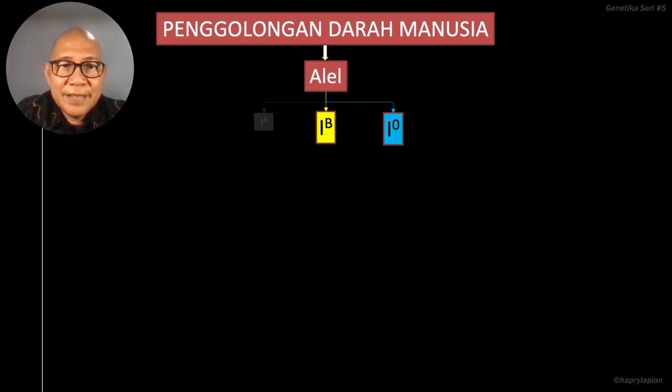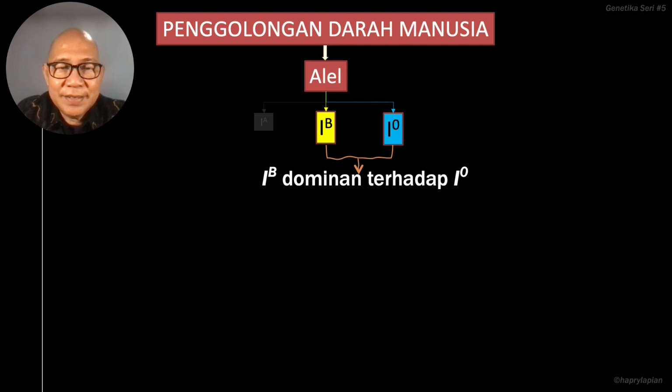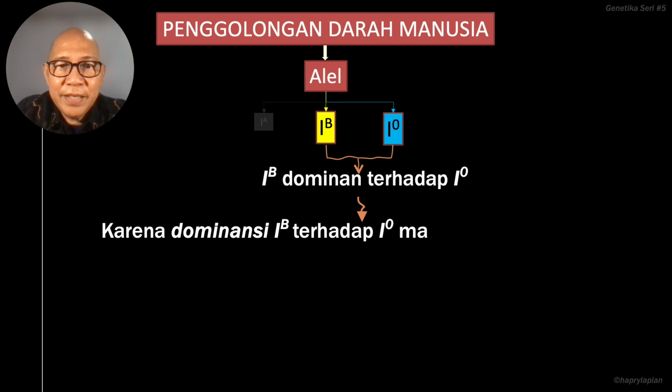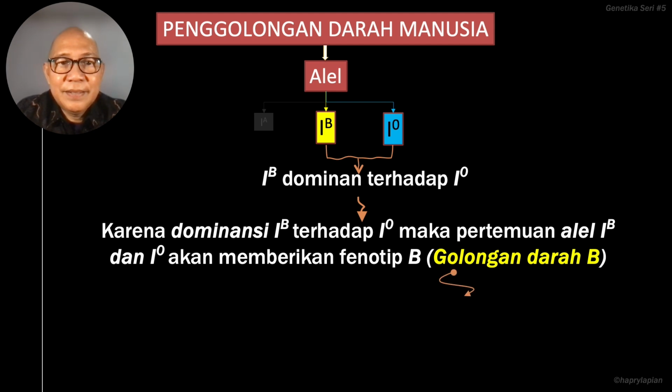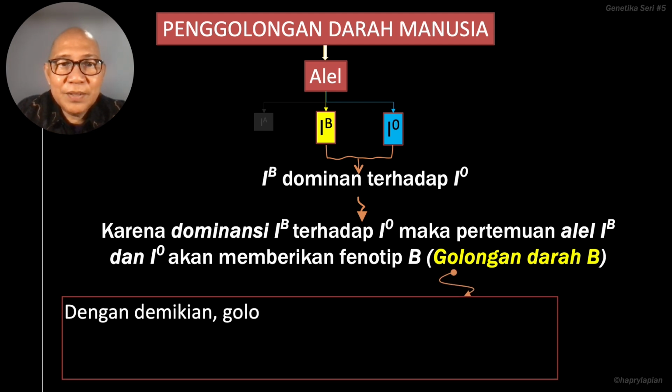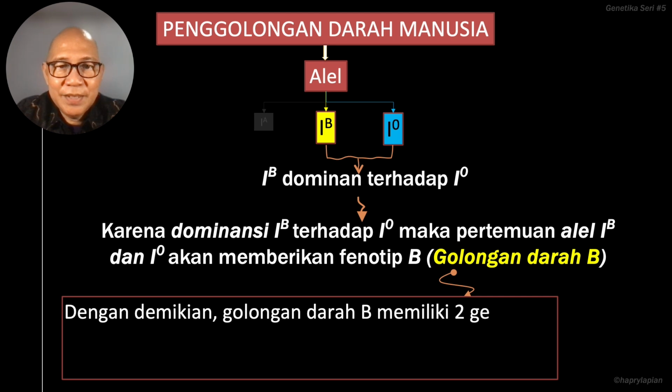In this slide, since the IB allele is dominant over IO, the combination of IB and IO alleles will give phenotype B, or blood type B. Thus, blood group B has two genotypes.